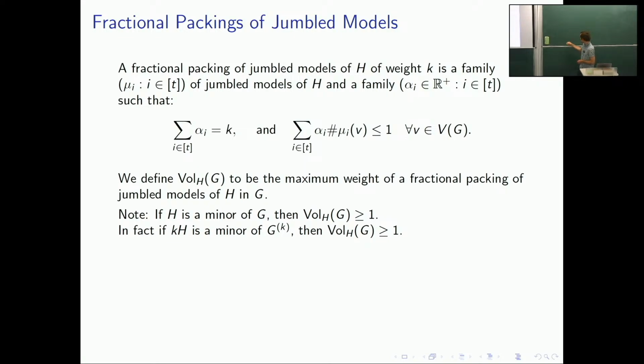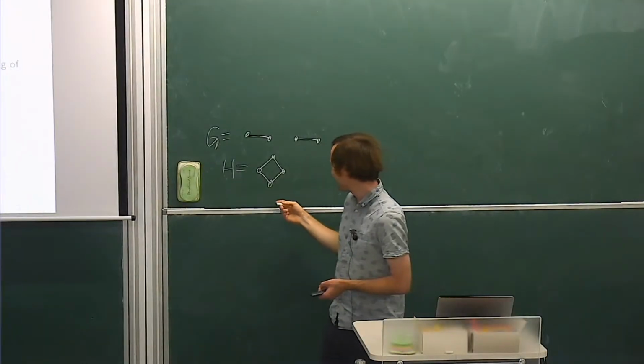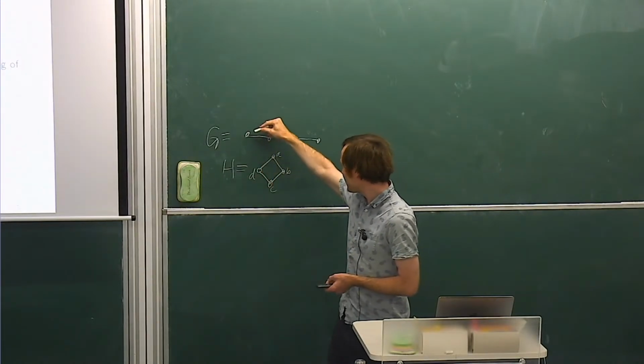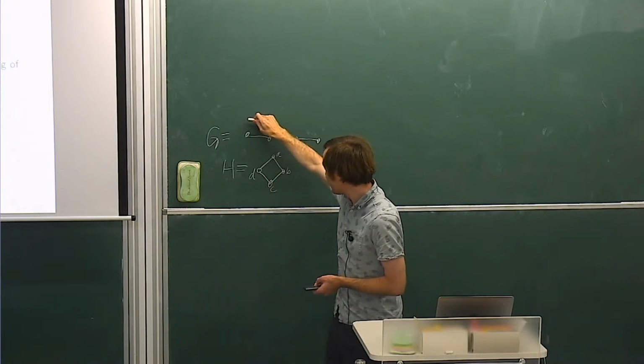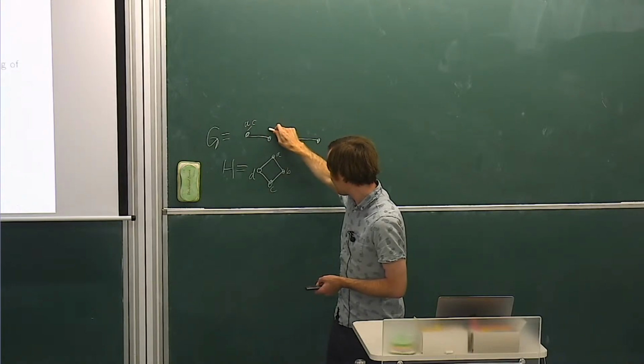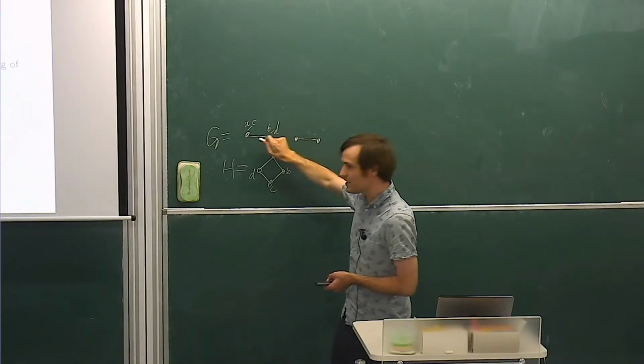If you consider this graph here, and H just the graph C4, then of course H is not a minor of G. However, if this is vertex A, B, C, D, then we can find a jumbled model by mapping A and C to this vertex, and B and D to this vertex.